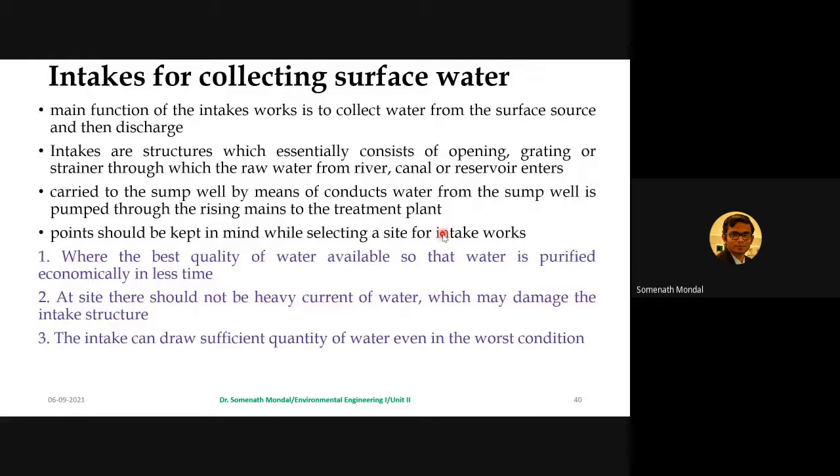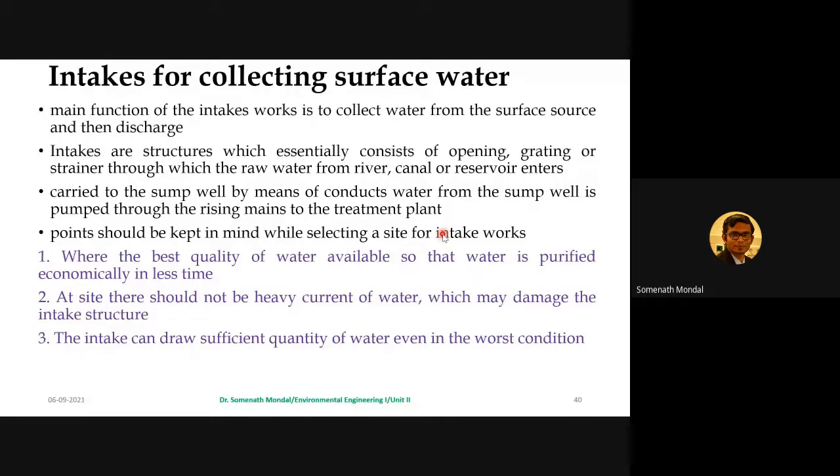When you choose a particular source, in that source also there might be different points where you will get the most purified water, and if you construct your intake at that point, then the overall treatment would be more economical.